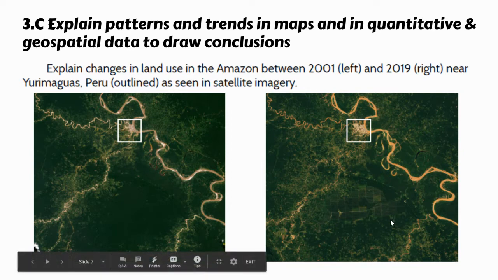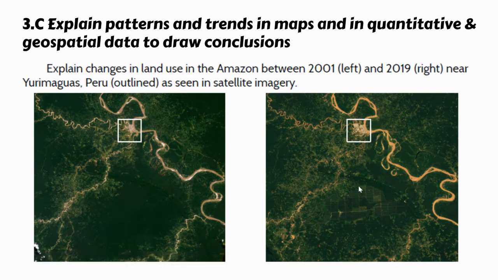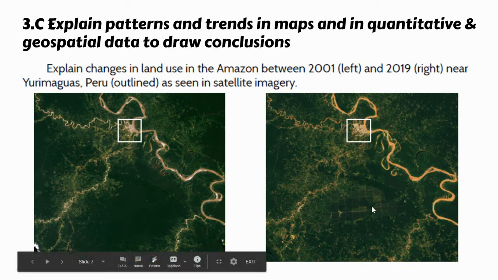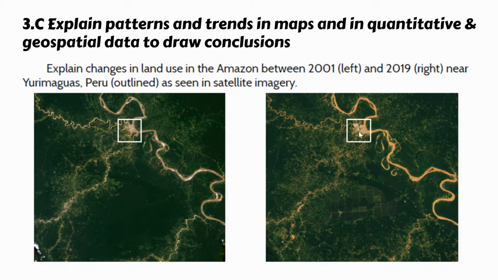You guys know that part of the reason why this pattern is happening is because of commercial agricultural practices and people in Brazil cutting down the rainforest to make room for agriculture like you see here, but this is probably more for beef production. Essentially that's what you might say for something like this.